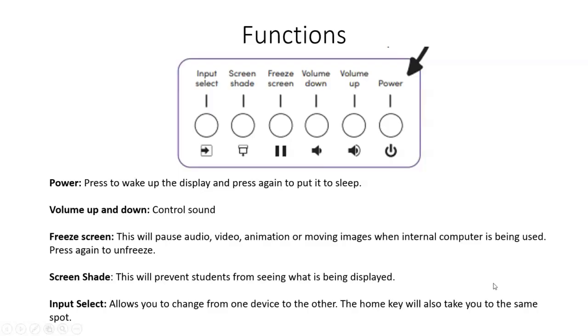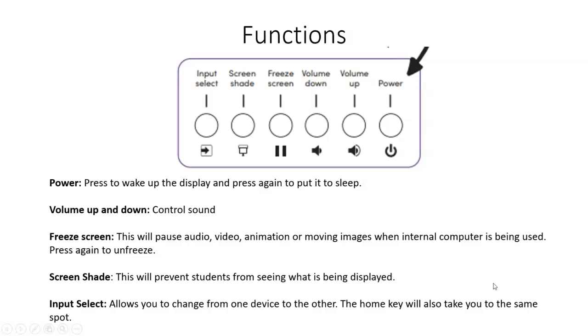The input button will allow you to switch inputs if there are different devices connected to the board. So here you have some connections and you have connections back here. It will allow you to go from one thing to another. Basically right now all we have is the computer connected, but that's how you would change from one thing to another.